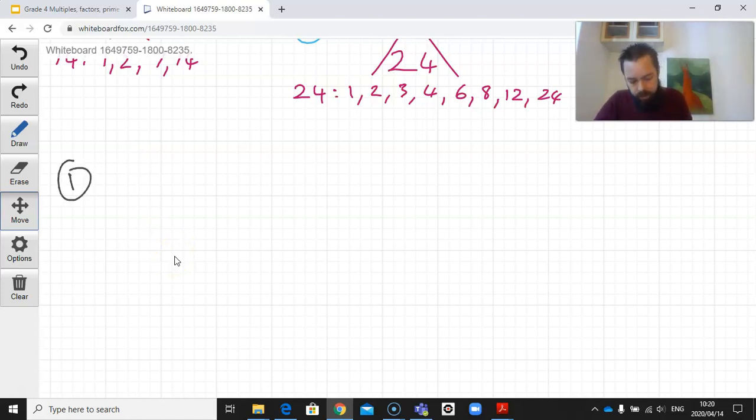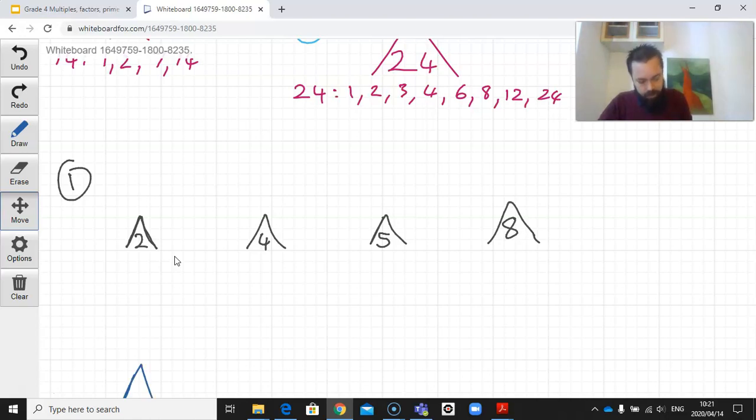So I would like you to do the factor tree for 2, 4, 5, 8, and then depending on how fast you're working, 16 and 13. Right, get started with that.